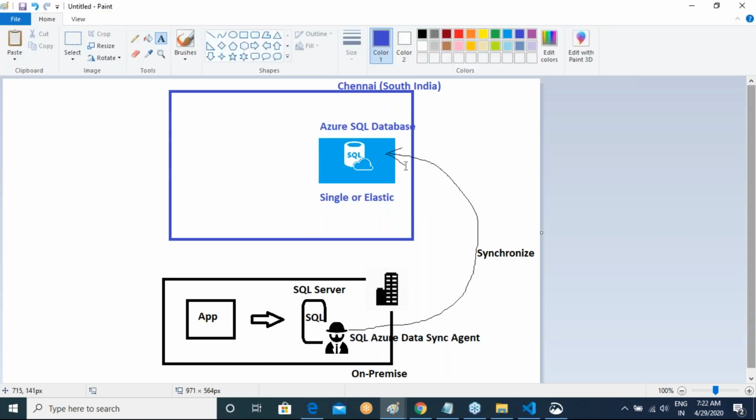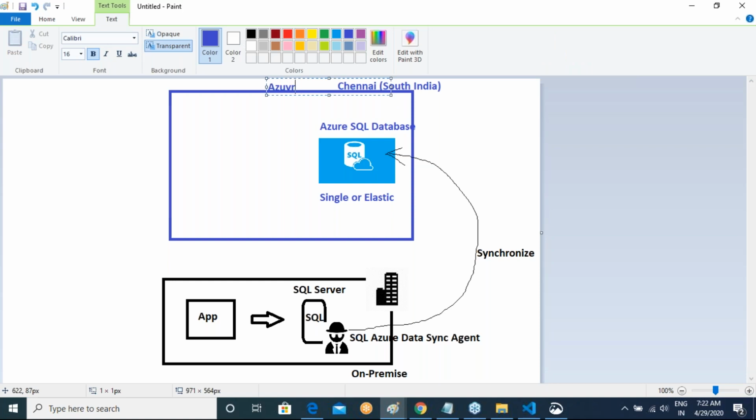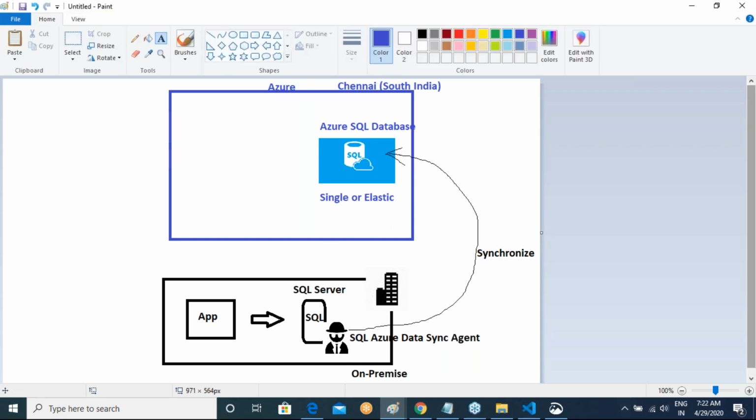In managed instance, this data sync will not work, as Microsoft has not supported it so far. Whenever you want data synced between Azure and your organization, data sync agents will help.